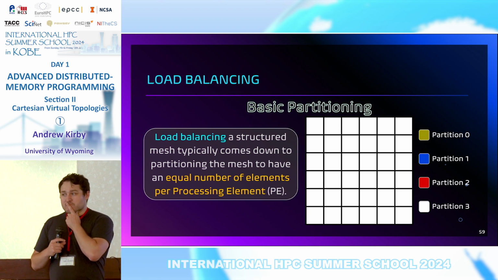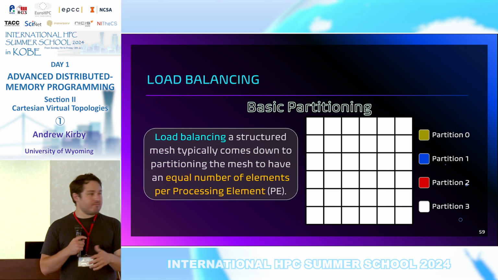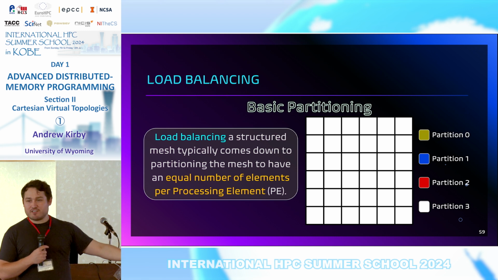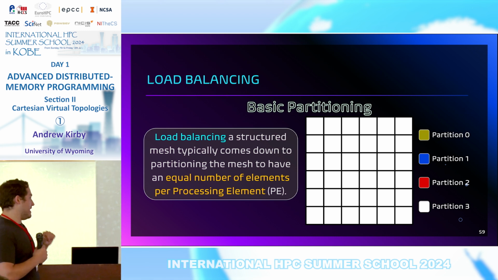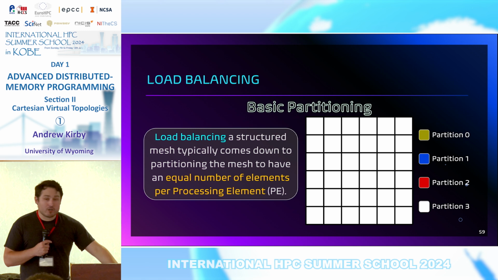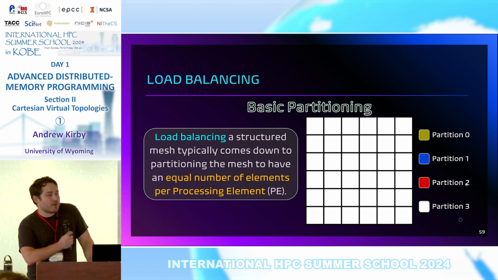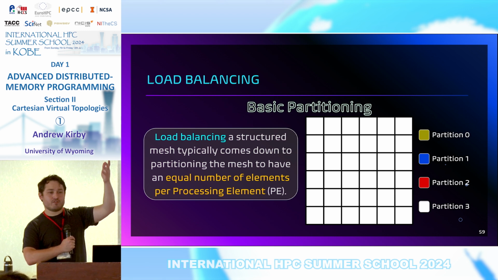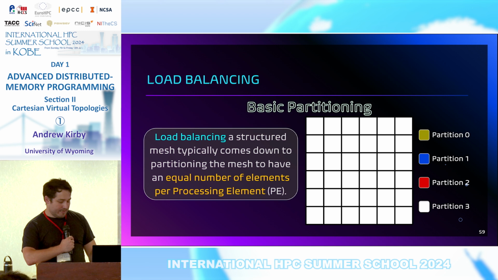So we have to split up, partition our problem. For Cartesian, this is pretty straightforward. Our goal is to load balance, where we hope to split up the problem to use the same number of elements on each MPI rank, or processing element, because we want to have basically the same amount of work per core that can run in parallel, and we're not waiting.